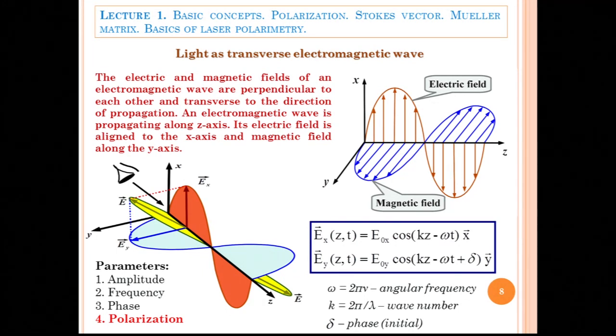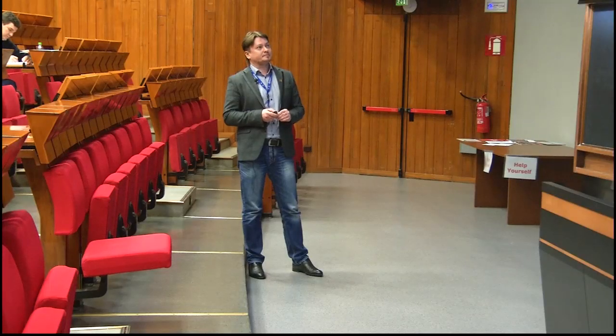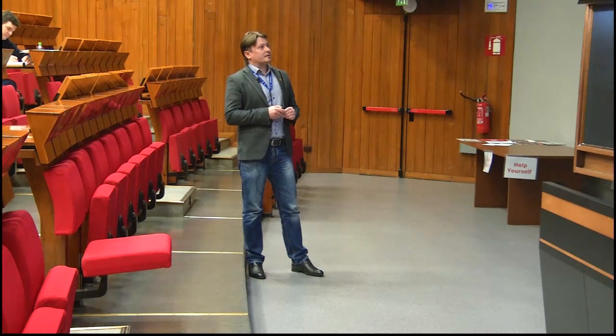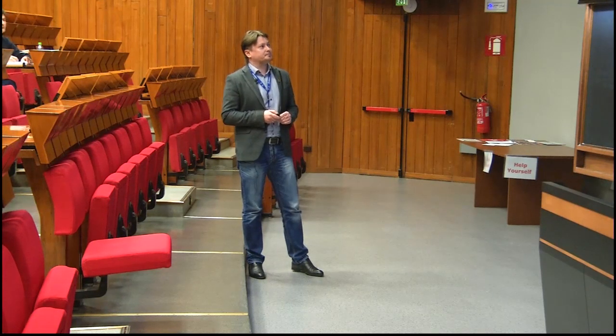In optics, we deal mostly with the electric field itself, because the magnetic field is another very wide area of research. So let's consider the electric vector here, this one. Here you can see it in yellow.